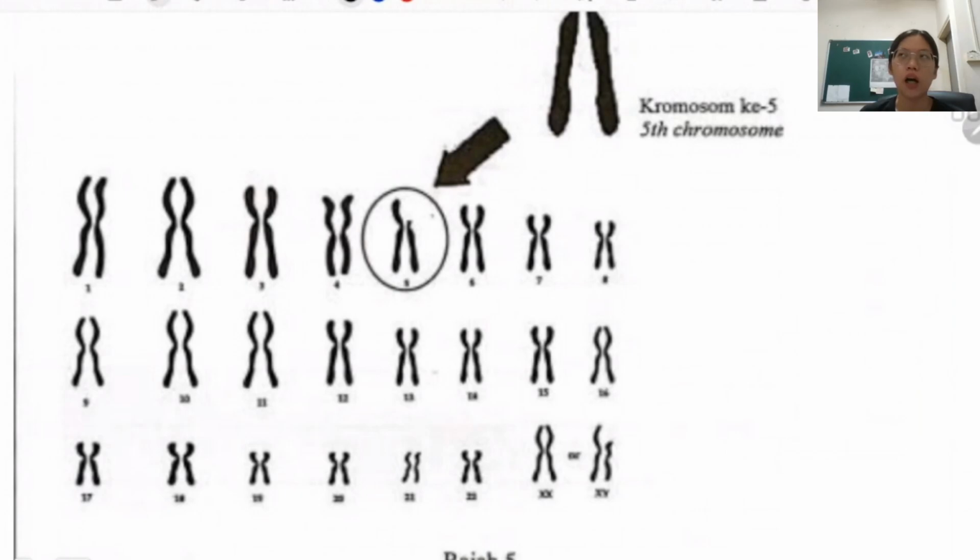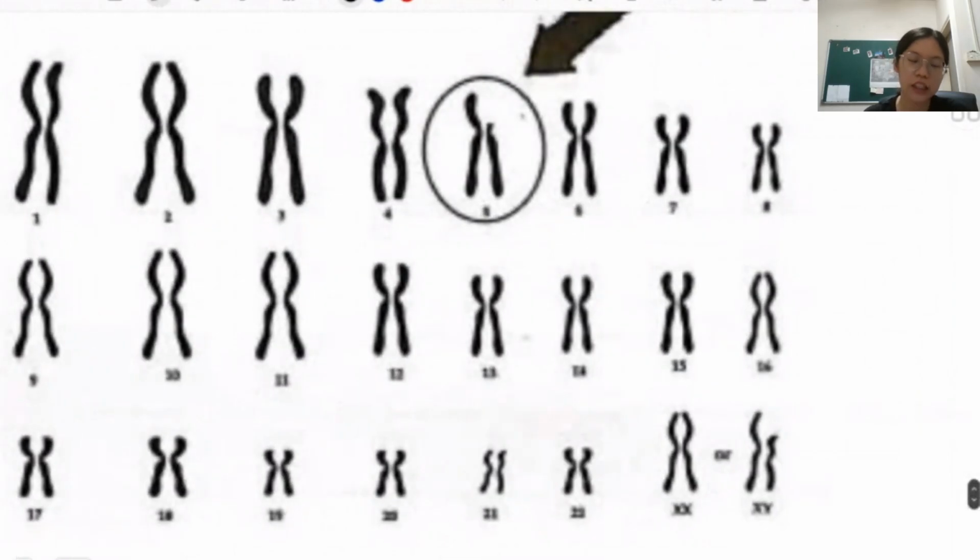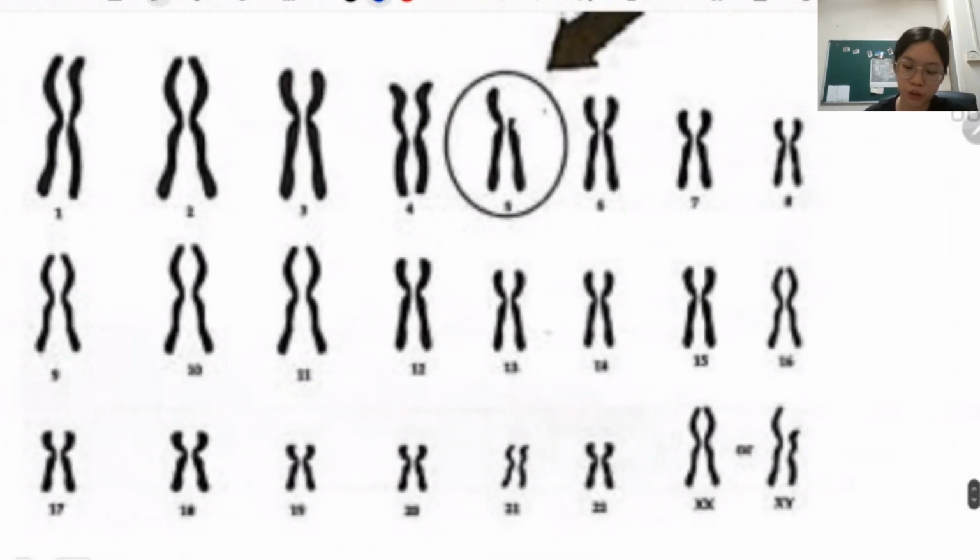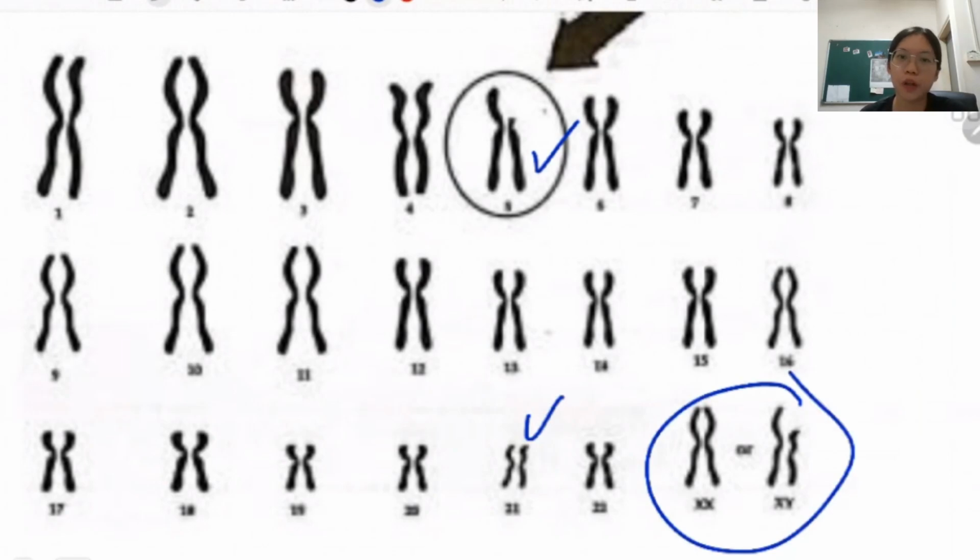If there's a case whereby they didn't point out where the problem is, you can focus on chromosome 5, chromosome 21, and the sex chromosome. Normally it will occur here, because chromosome 5 is where partial deletion will occur for cri du chat. Chromosome 21, if you see one extra, or 3, is trisomy 21, which is Down syndrome.